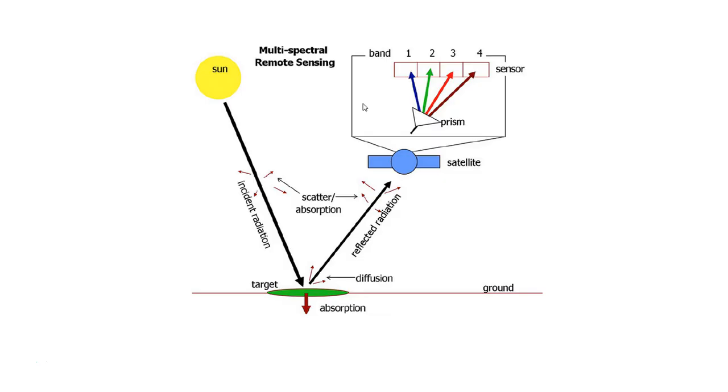And we oftentimes will send the information to what's called a band, and we can see at the top right corner of this diagram here, this is a multispectral remote sensed band. So it's 1, 2, 3, 4, and the energy that's coming into the sensor is broken into these different bands, and that becomes very important a little bit later on in our lab, where we're going to be working with a product called Landsat.